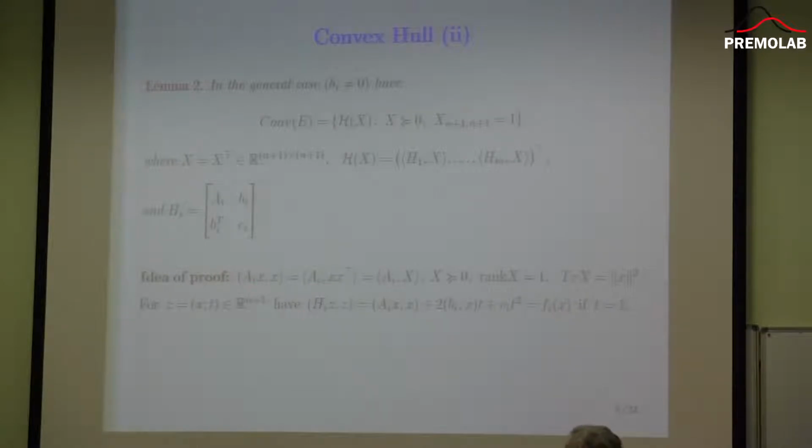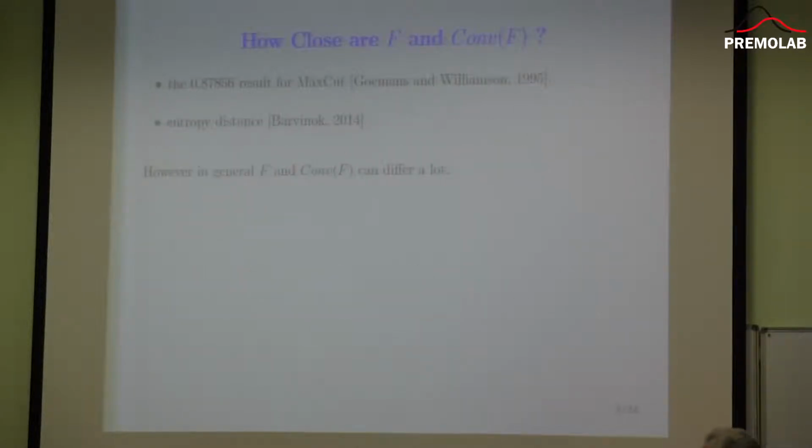So our set can be written in matrix form as follows, and if we get rid of this additional assumption that the rank of our matrix is 1, then we immediately arrive at these convex hulls. Okay, these relaxations.